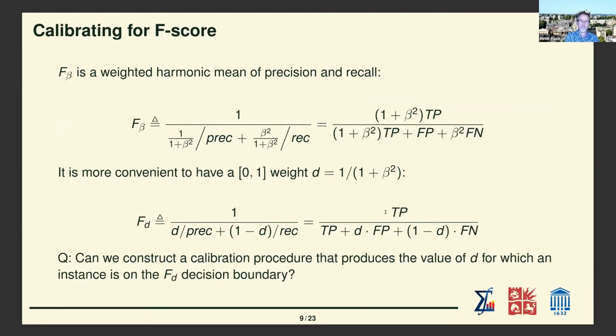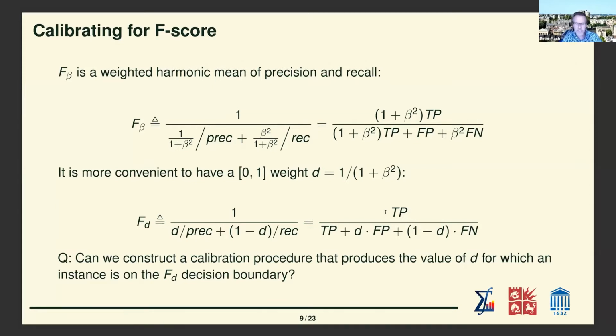Just to use the notation that people typically use, F beta is a weighted harmonic mean of precision and recall. For some obscure historical reason, there's actually a beta square there, and the weights are expressed in terms of beta square.